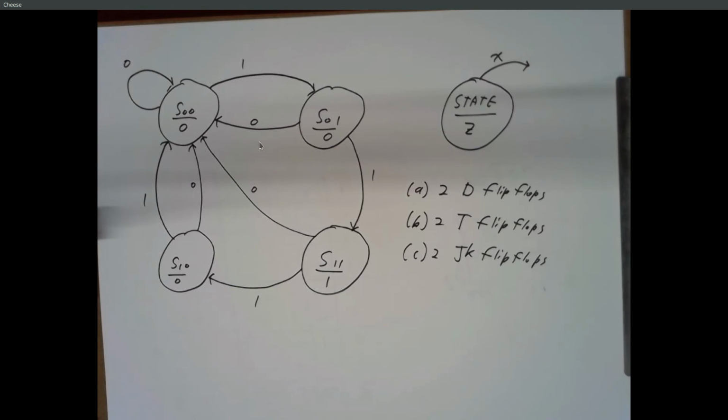Usually if they're ABC, it's a state diagram and A is like an E flip flop, B is like a T flip flop. You want to do the circuits for this? Okay. It's usually one per problem.